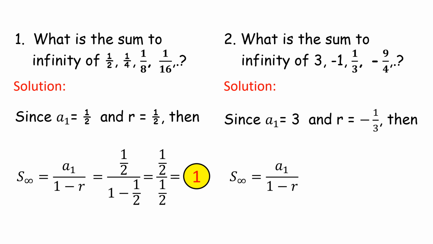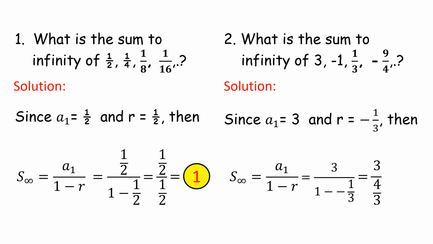The sum to infinity is equal to a sub 1 over 1 minus r. Simply substitute the values from the given. A sub 1 is replaced by 3, and r is replaced by negative 1/3. So we have now the equation 3 over 4/3.